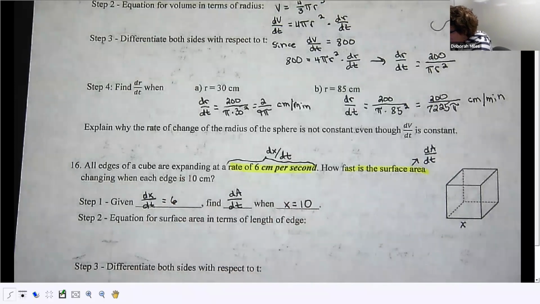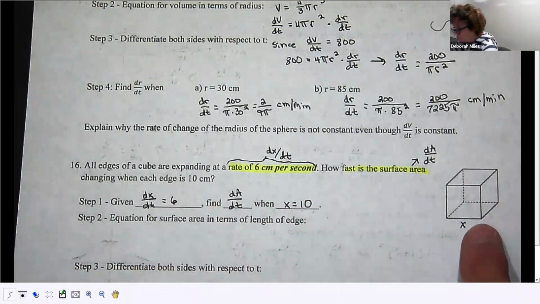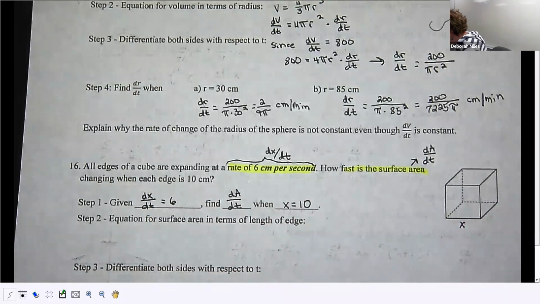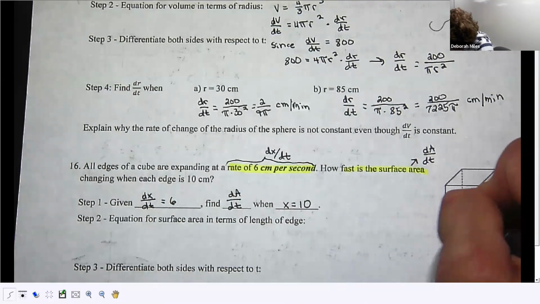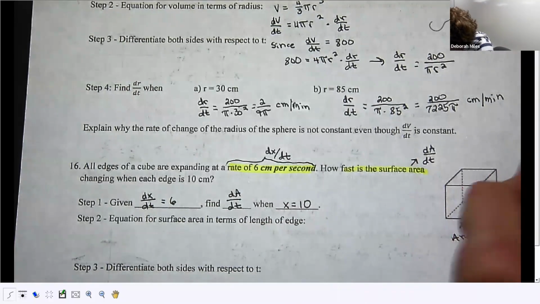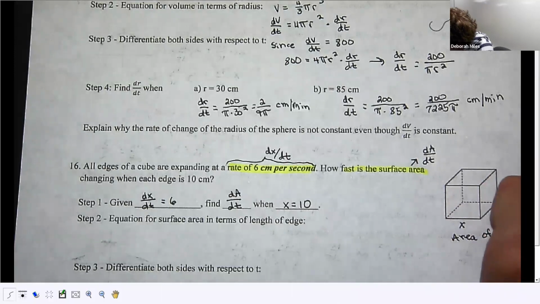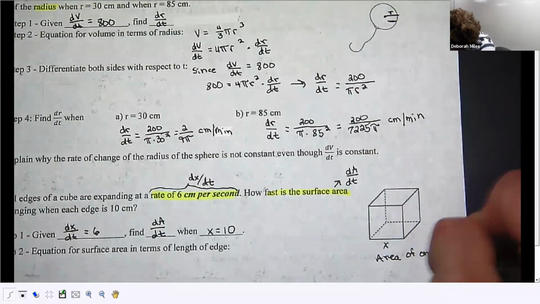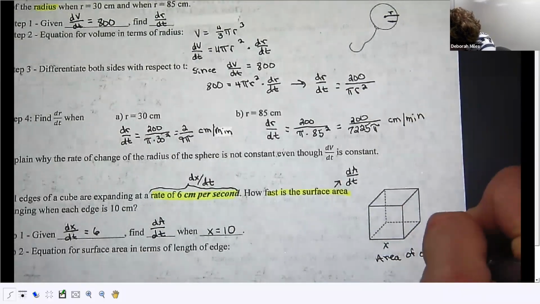Can we come up with a formula for the surface area of this cube in terms of the length of one of its edges? 6 times X squared. The area of one face, like on a die, is X times X, which is X squared.